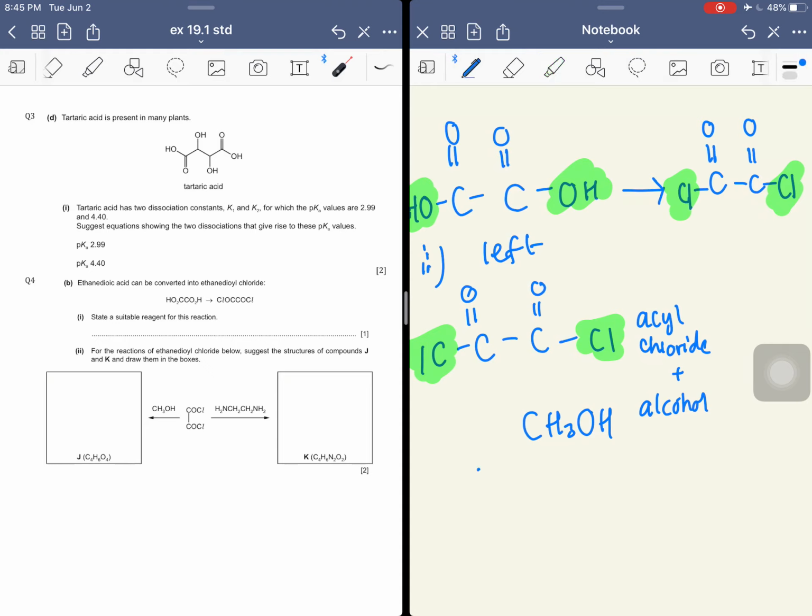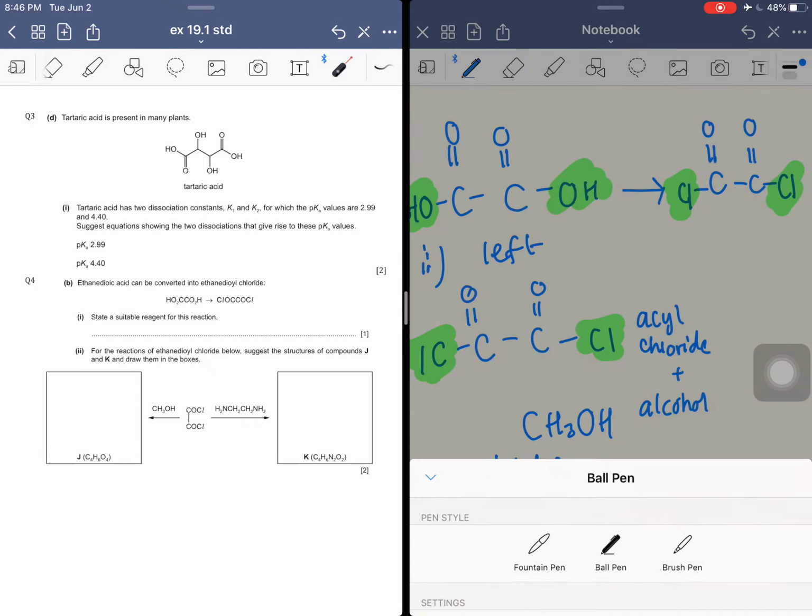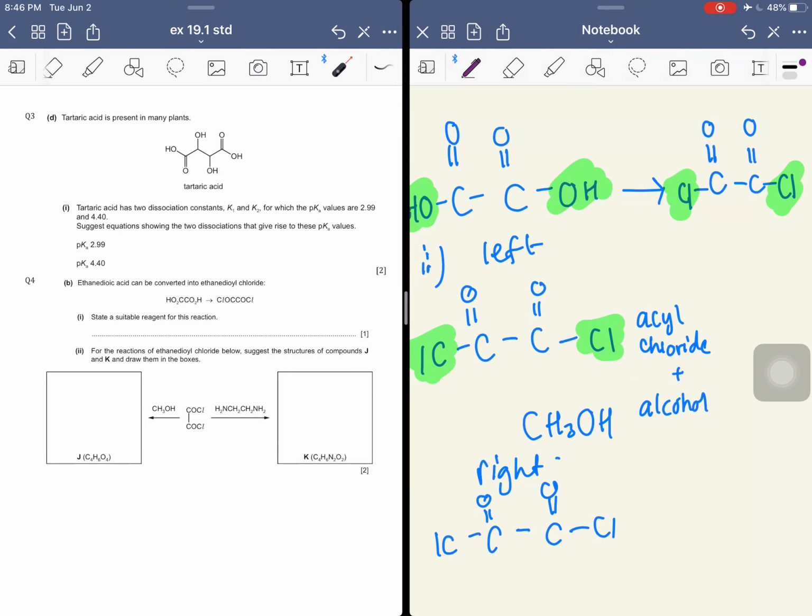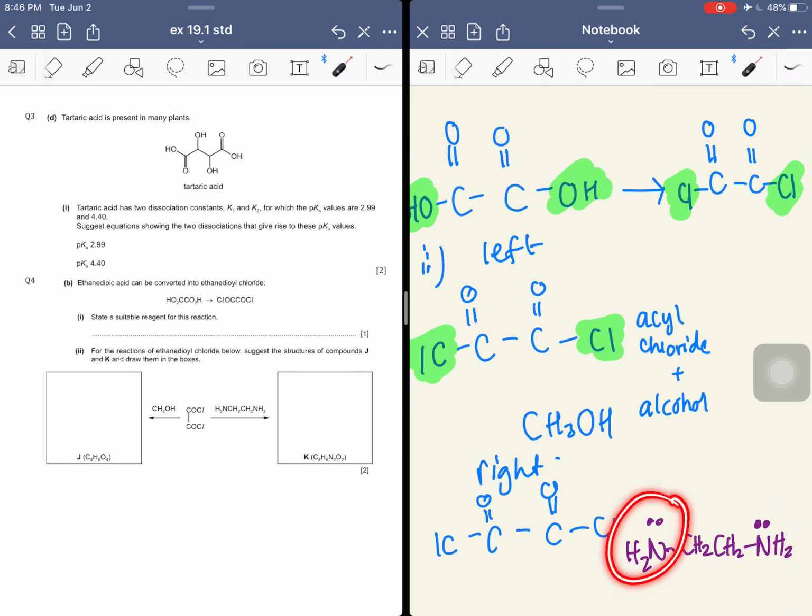The next one is the equation on the right. Same thing, C double bond O Cl, C double bond O Cl. Now the only difference for this reaction is that you have a diamine, NH2 and NH2. Now you have two reactive sites for the diamine.